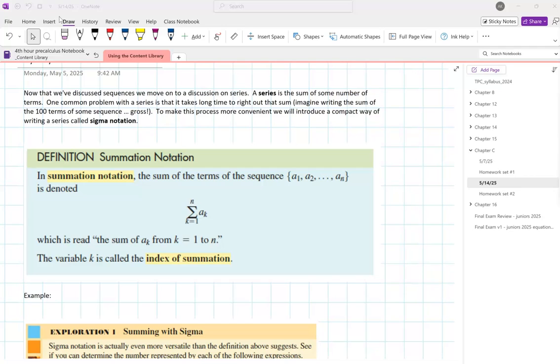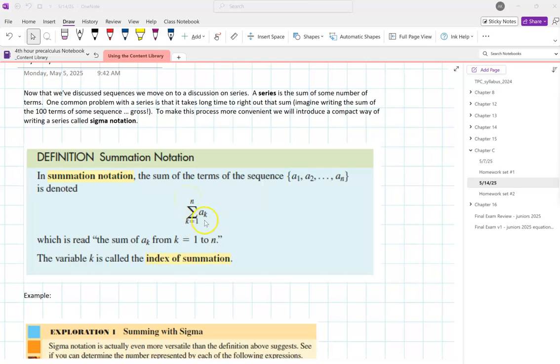So we're going to introduce a notation that allows us to represent one of these big long sums in a really compact way. That's called summation notation or sigma notation. This letter E looking thing here is the capital Greek letter sigma. What this notation is saying is it's the sum of the sequence A sub k from the first term to the nth term.